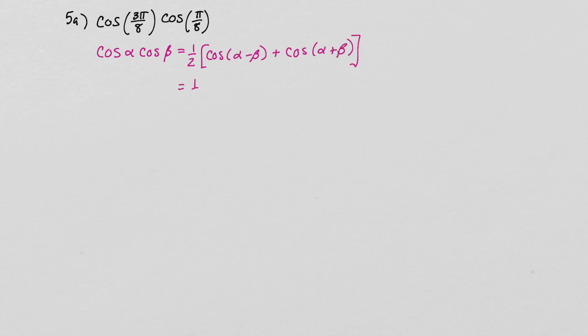So in this case, we're going to have 1/2 the cosine of 3 pi over 8 minus pi over 8 plus the cosine of 3 pi over 8 plus pi over 8.